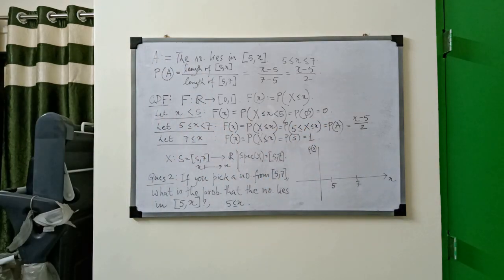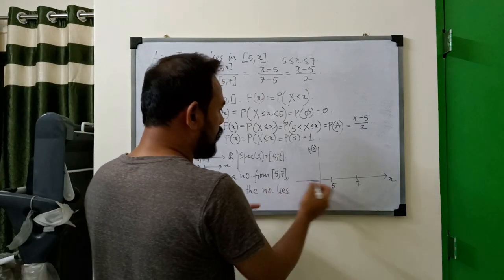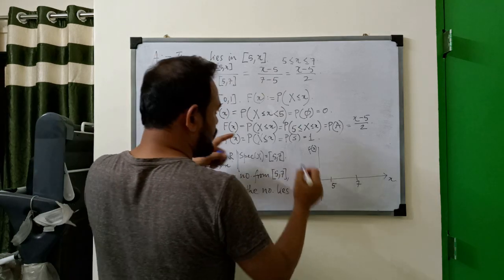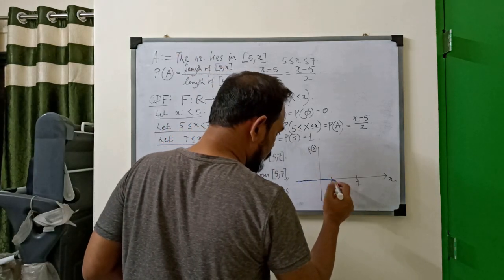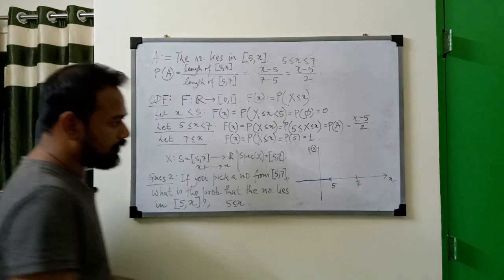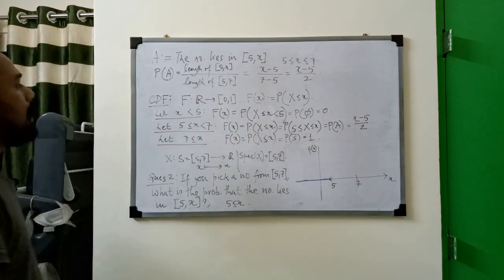So all x's below 5, the capital F gets a value 0, up until 5. I've put that circle in there just to show that it's not touching 5.